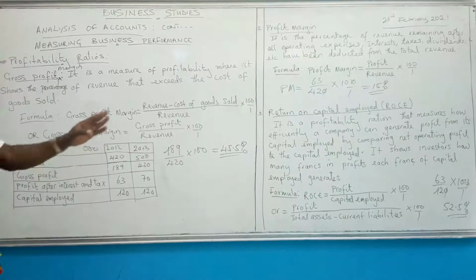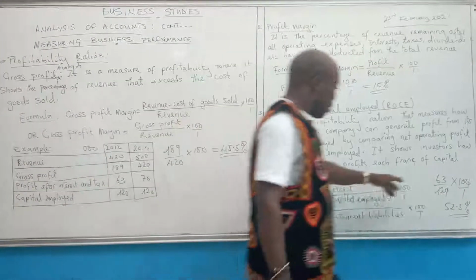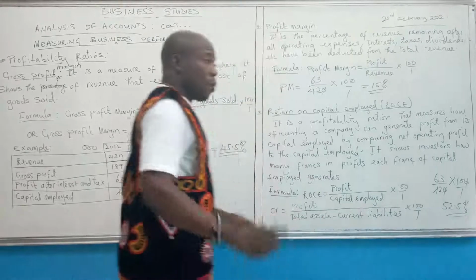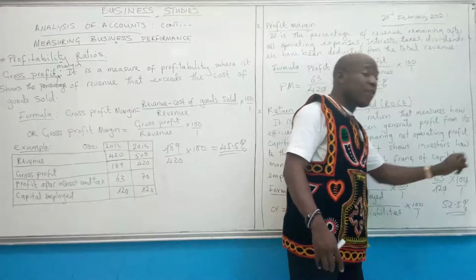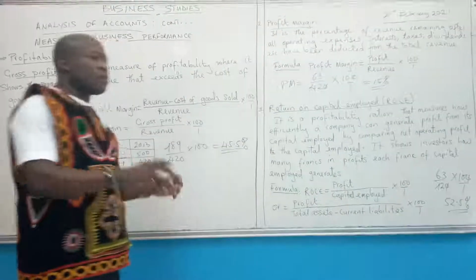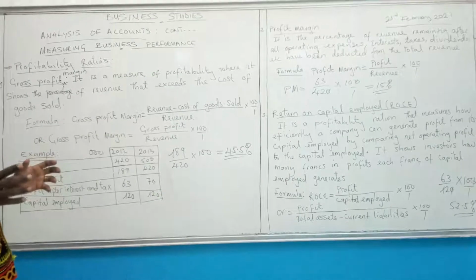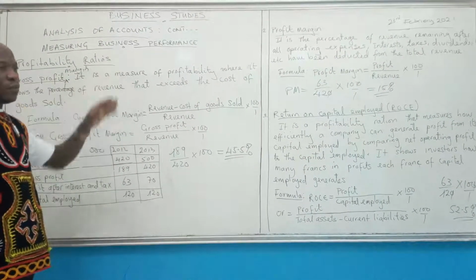We have our profit, 63. So 63 on 120 times 100. If you punch it, it's going to give you 52.5%.